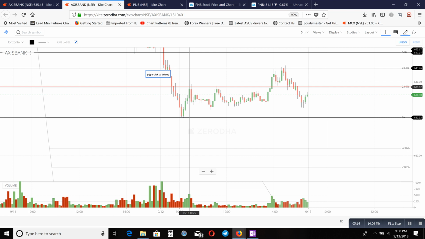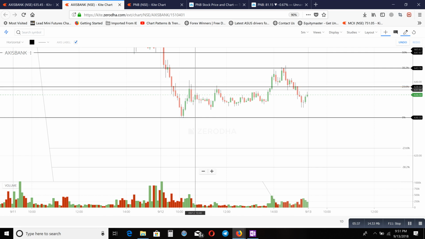So a trader takes entry not just at the 23% level, which is 638.65 actually. So he takes a short position at 638 and puts a stop loss at the next resistance here, which is 640.60.